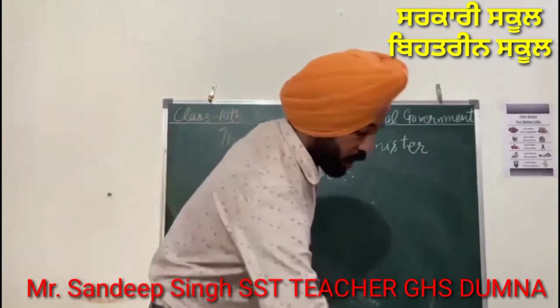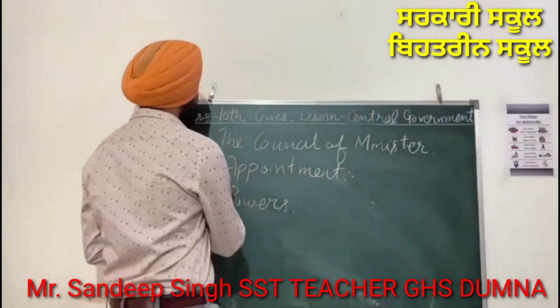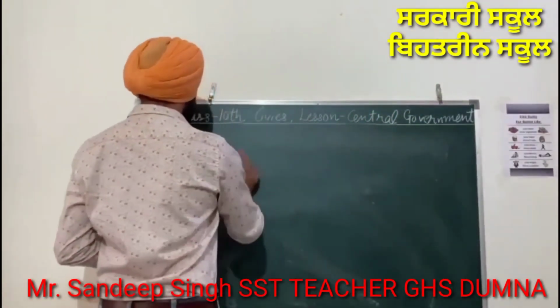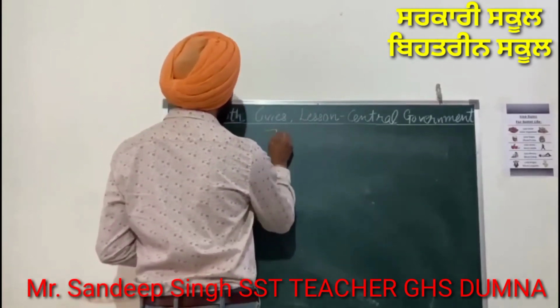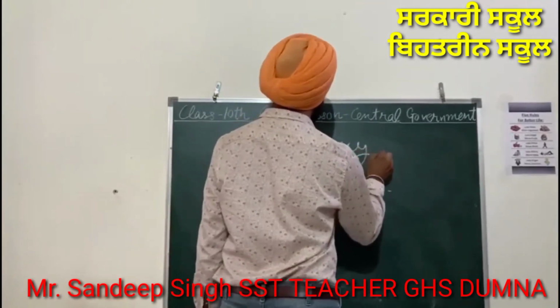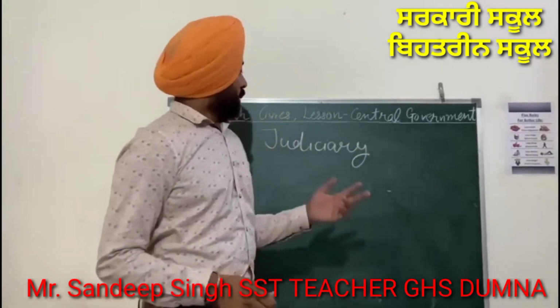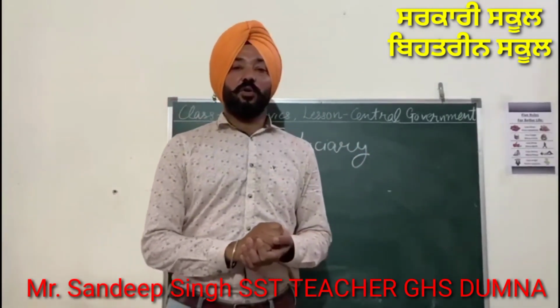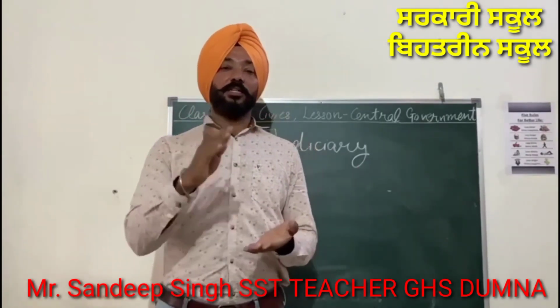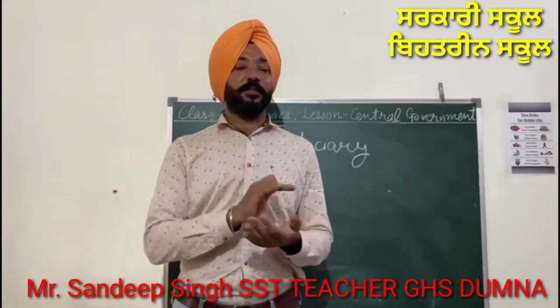Now, the last and third main organ of the central government is the judiciary. Judiciary is the last organ of the central government. The Constitution of India is the best in the world.